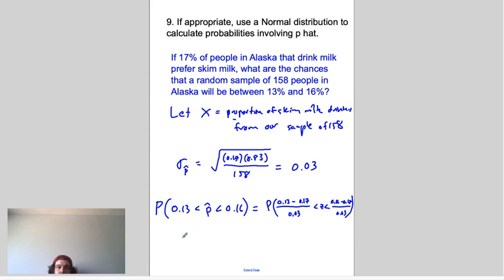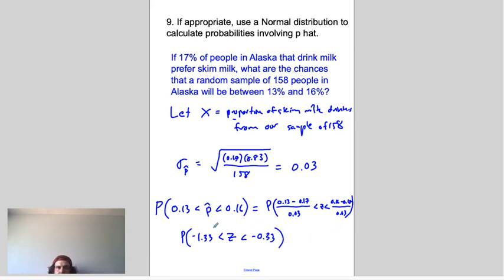Okay, so let's keep cruising. When you boil this all down, you do this minus that divided by the standard deviation. We're trying to find the probability that z is between negative 1.33 and negative 0.33.